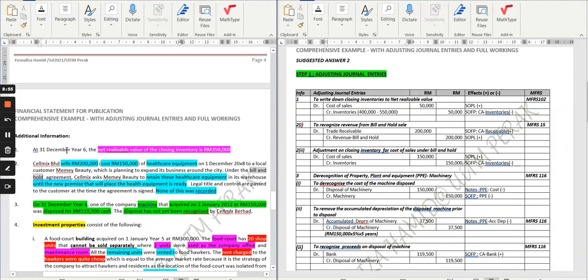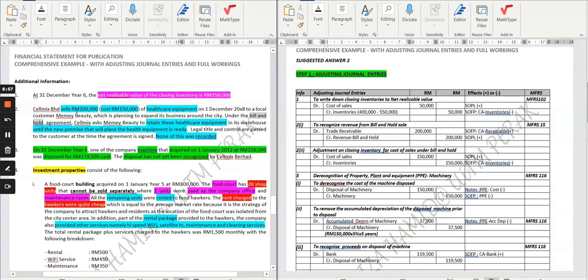Now let us look at the additional information number 1. Additional information number 1 is on MFRS 102, inventory. On the right hand section that you have here, I have already provided some adjusting journal entries for each of the additional information. For example, item number 1, the net realizable value of the closing inventory is 350,000.